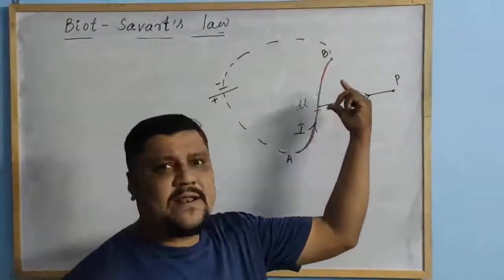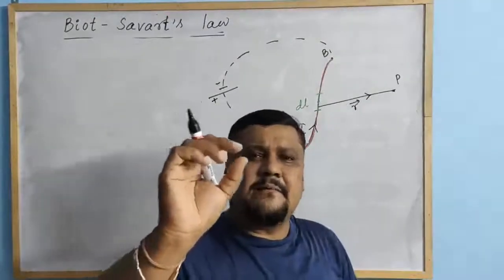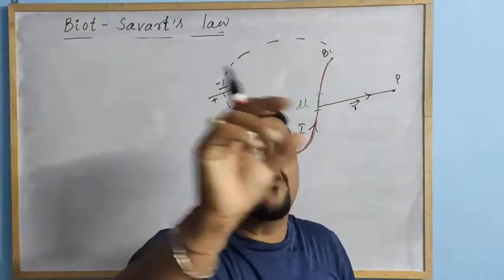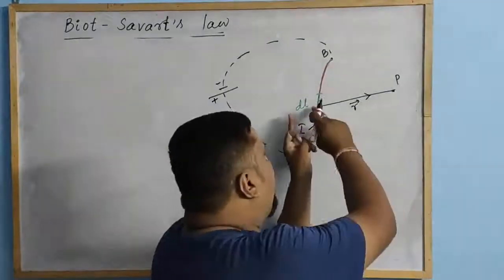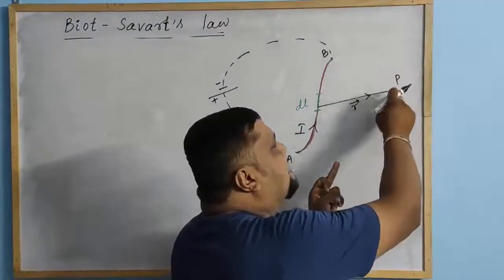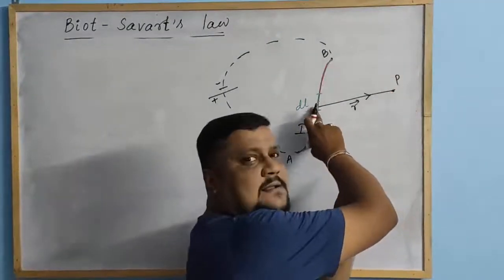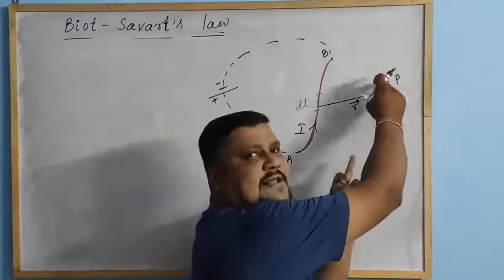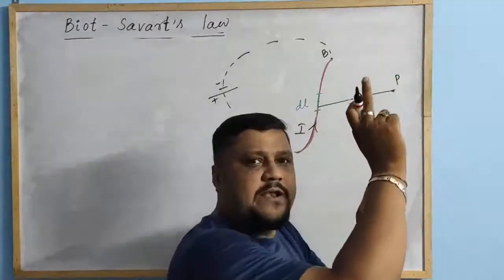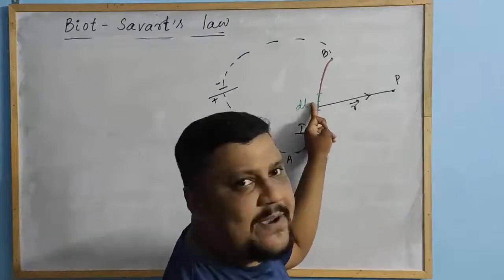So this dl is not a length like that. It is very small, so we can consider it a point also. For a point, you already know how we define the position vector, with respect to the origin of a coordinate system.